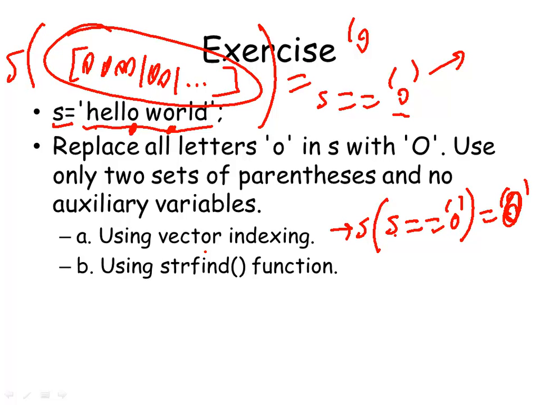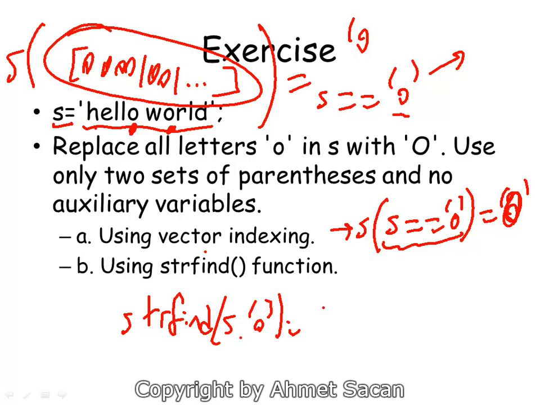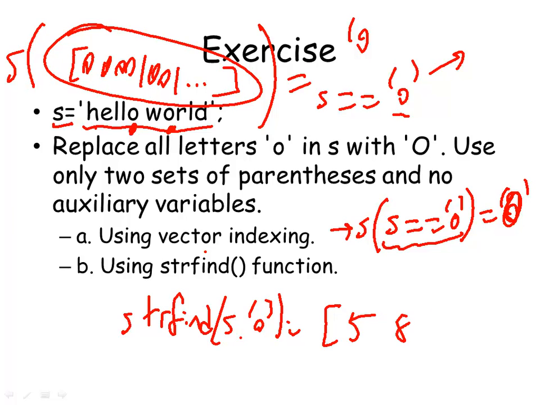And I can also replace this equal with strfind, which will give me the same result. But strfind gives you a numerical vector instead of a logical vector. It will give you the locations of the letter O. So strfind S, comma, small letter O will give me a vector 5 and 8.